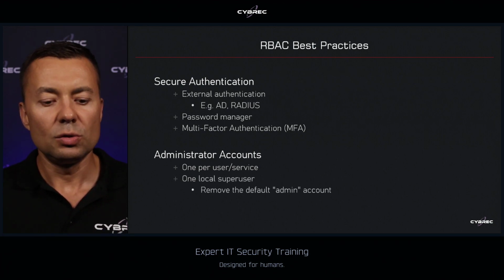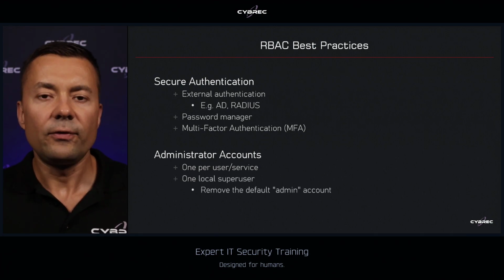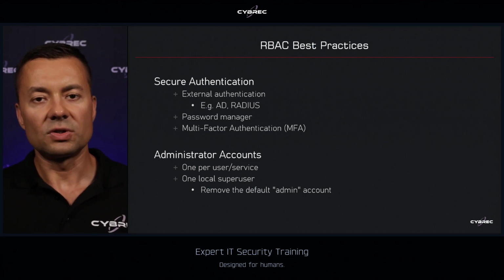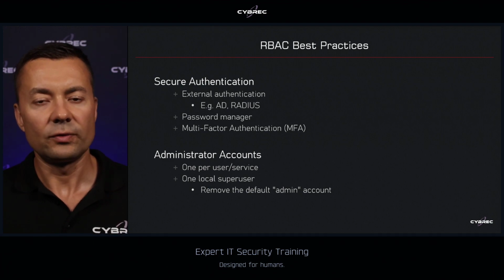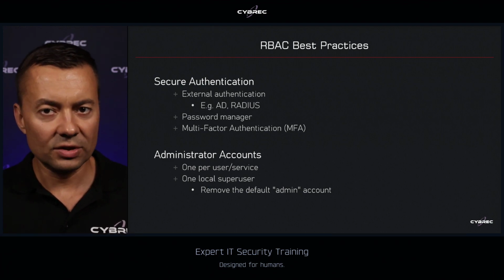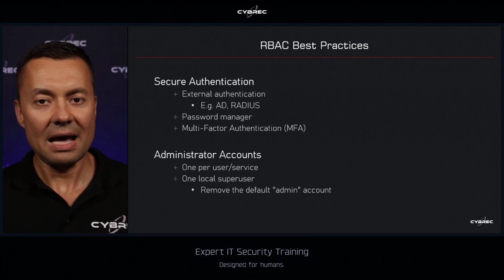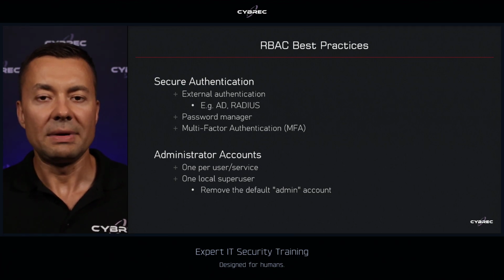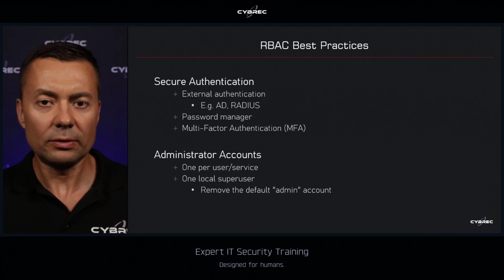Plus, you want to create one fallback account, a local superuser account, which is an account with all access rights, read-write to all configuration settings. And this account is supposed to be kept secret. You want to maintain the credentials to this account in a secure location.